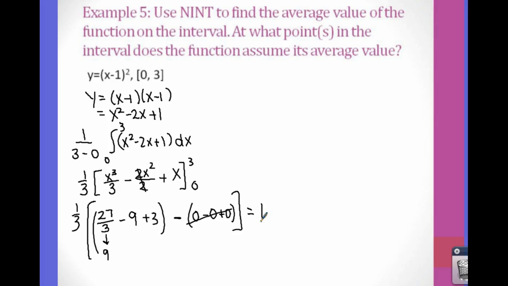What do you get? That's what you should get, is 3.